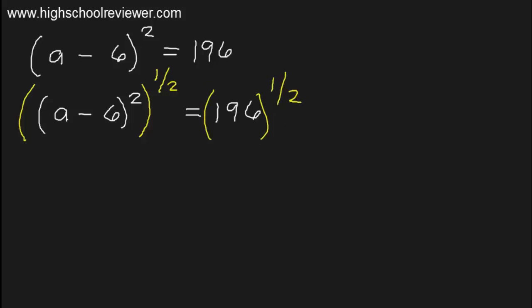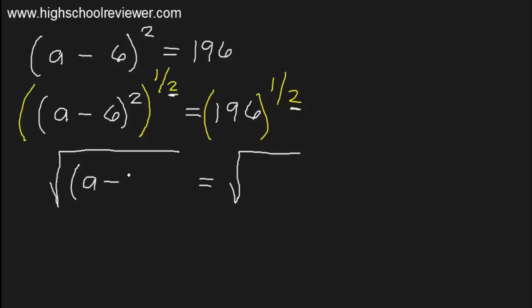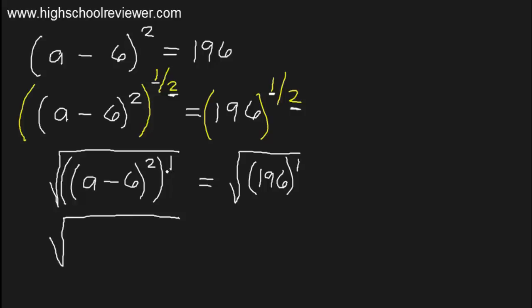Again, since the denominator is 2 for the exponent, this will be equivalent to the square root. So we will also have here the square root. So this will be the square root of a minus 6 raised to 2, and this will be raised to the exponent of 1, which is the numerator. So we will have here 196 raised to 1. So since this is 2 times 1, that would still be equal to 2.